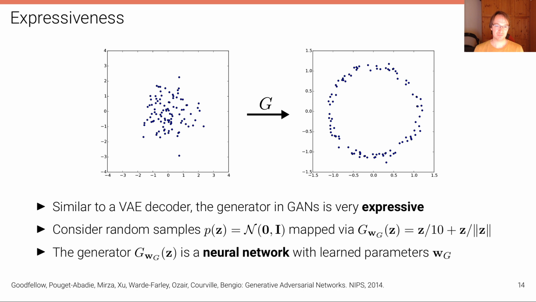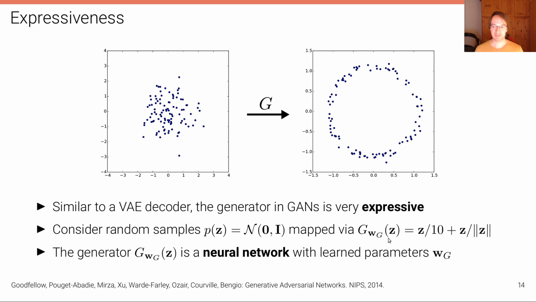Some words about expressiveness. We've seen this plot before for VAEs, and the same is true for GANs. Similar to a VAE decoder, the generator in a GAN is very expressive. Consider, for instance, a random sample from a two-dimensional isotropic Gaussian distribution that's mapped via this particular deterministic function. We observe that we get a very complex distribution from a very simple distribution.